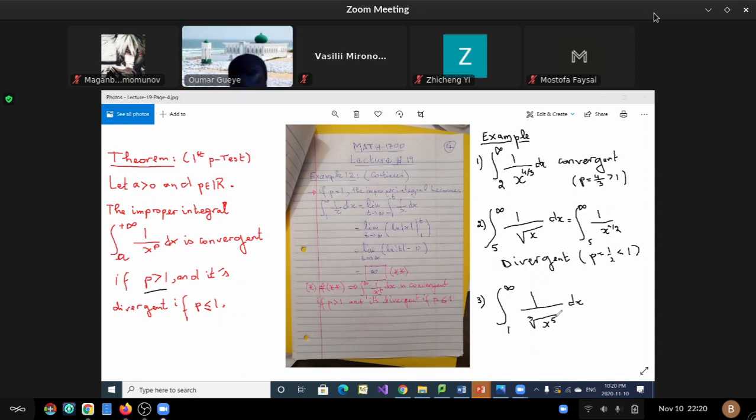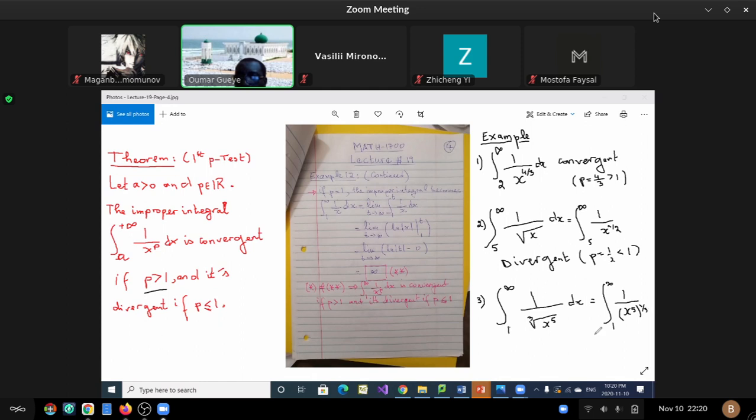Convergent. Exactly, because this is equal to the integral from 1 to infinity of 1 over x^5, the whole thing to the power 1/3.